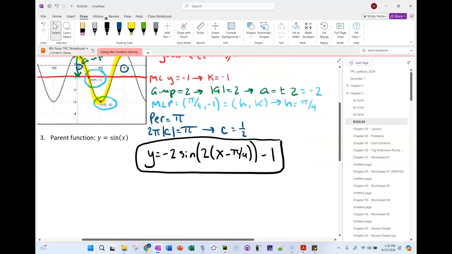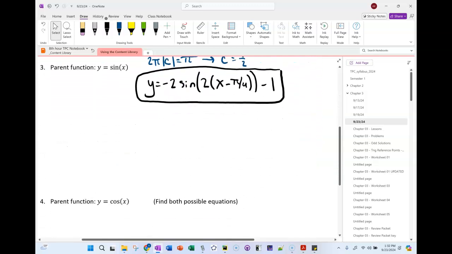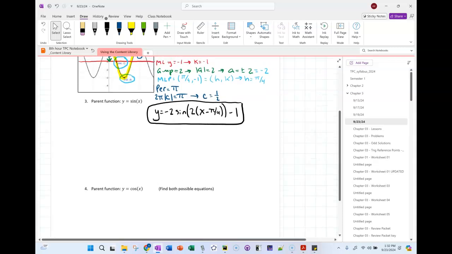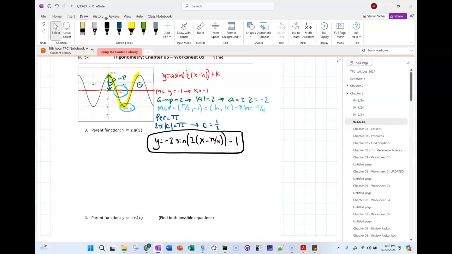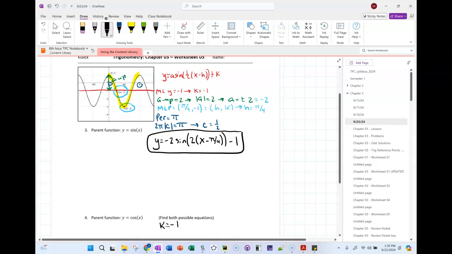Now if I do this for a cosine function, everything except for the h and the sign of a is going to be the same. So I know that the k is still -1, the a is still plus or minus 2, and the c is still 1/2.